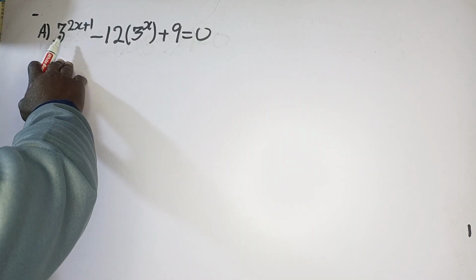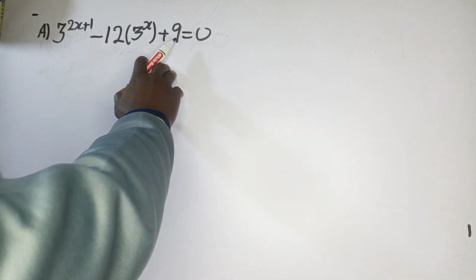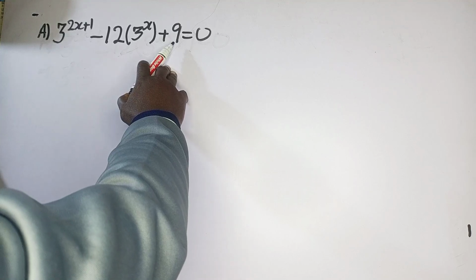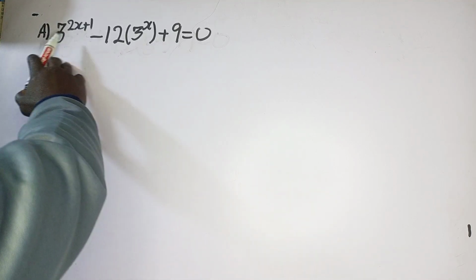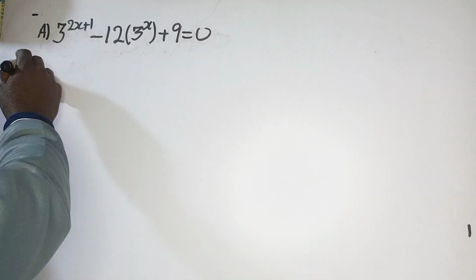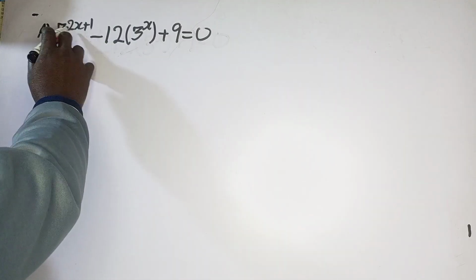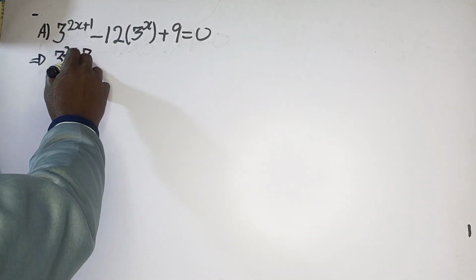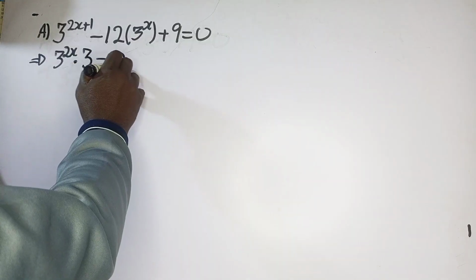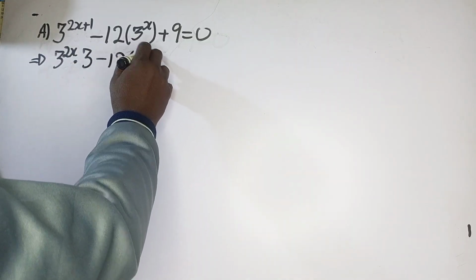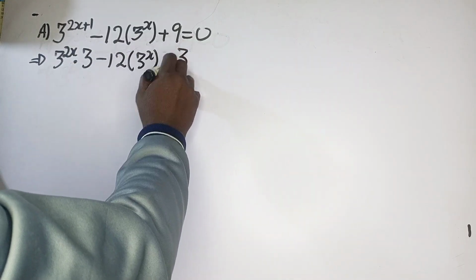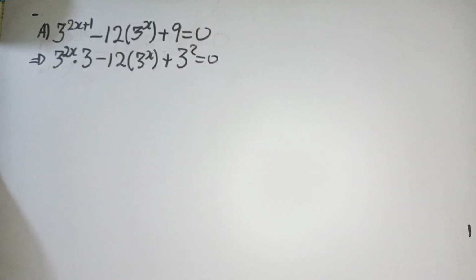Because there's 3 to the power 2x here, there's 3 to the power x here, and we also know that 9 is the same as 3 squared. So we rewrite this equation as 3 to the 2x. Remember, when we write like this, it means multiplied by 3. All right, minus 12 into 3 to the x plus 9 is 3 squared is equal to 0.